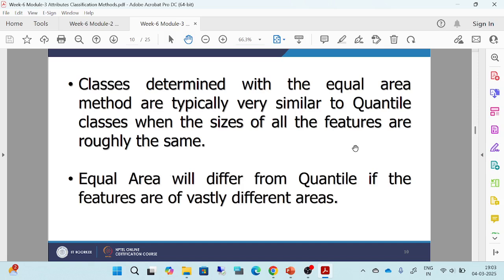So it's more or less similar to quantile classification, but in case of equal area classification, our main purpose is that however you find the breakpoints, that doesn't matter. You find several breakpoints, you generate several polygons. The ultimate thing is all the polygons will have the same area, irrespective of the shape that it is in.